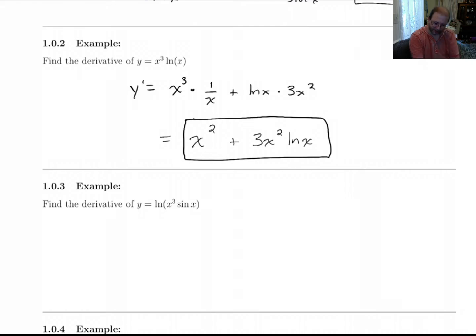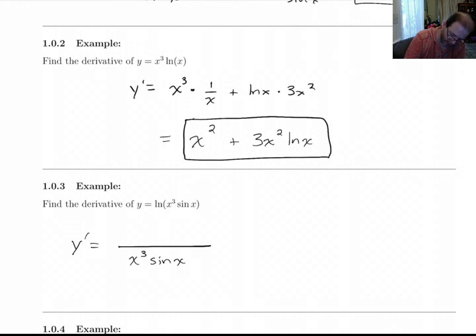All right, let's look at this one. We've got y equals natural log of x cubed sine x. So y prime is going to be, since it's natural log, we take x cubed sine x and put that downstairs. And then we put its derivative on top. Now when we do the derivative of that, we've got to use the product rule. So I'll do the derivative of this as first times derivative of the second plus the second times the derivative of the first, 3x squared.